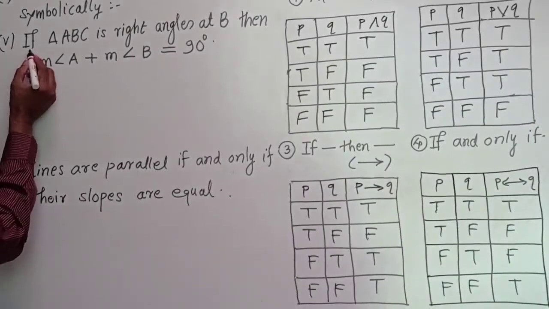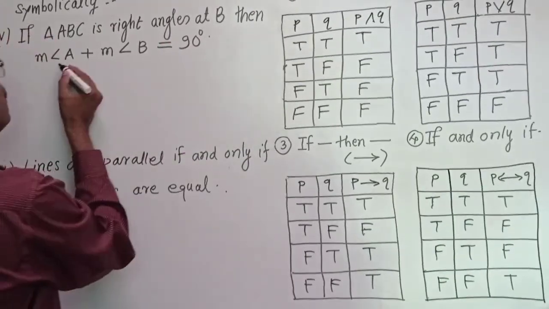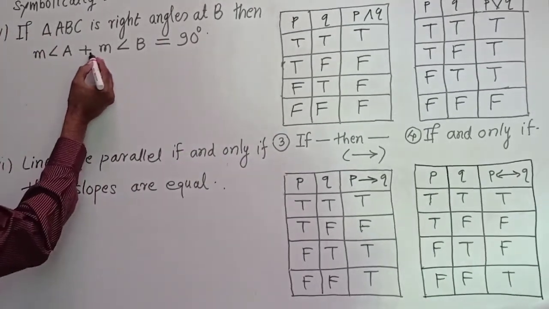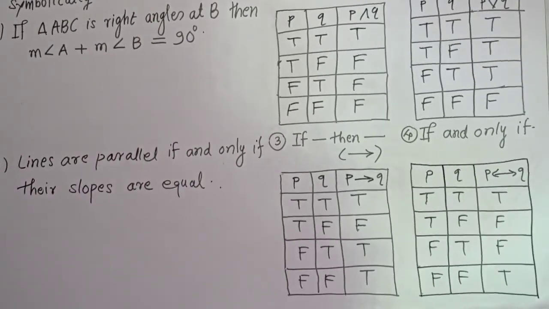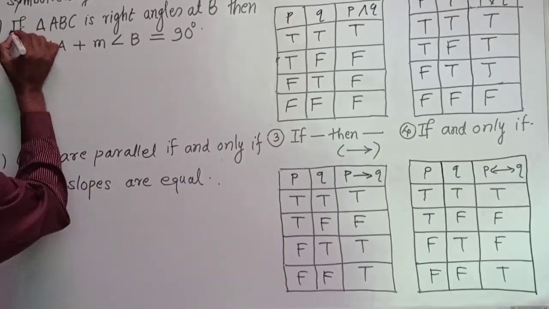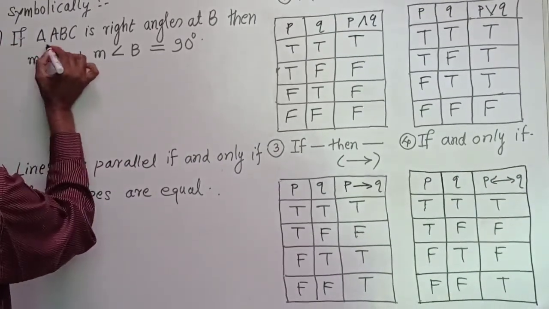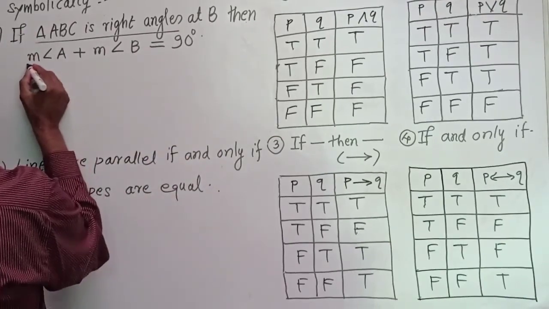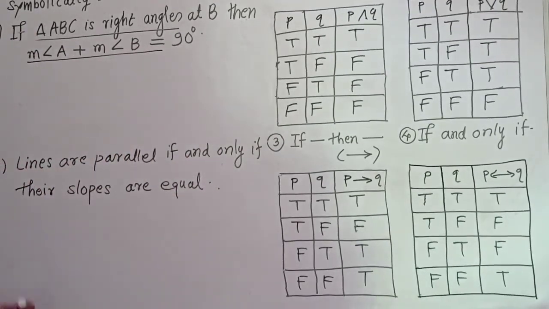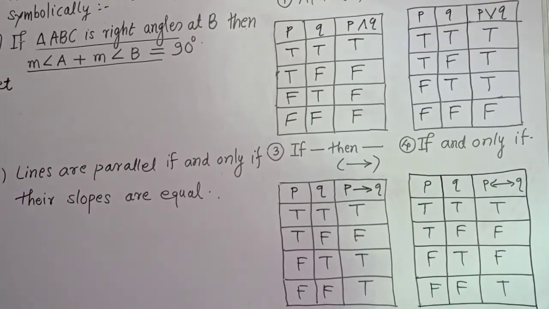Example number 5. If triangle ABC is right angled at B, then measure of angle A plus measure of angle B is equal to 90 degrees. Here the connective is if, then. After if there is one statement and after then there is one statement. So we consider two statements separately.